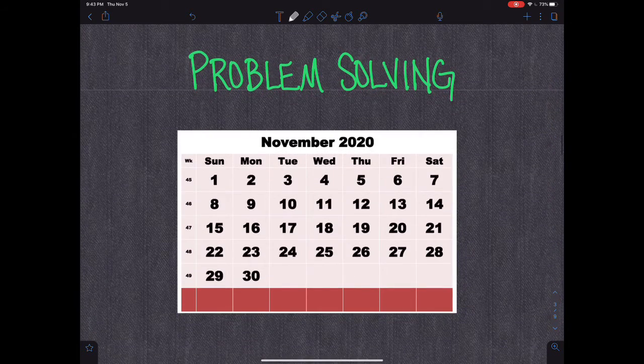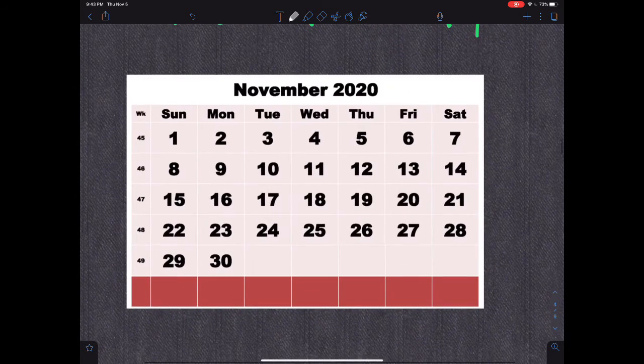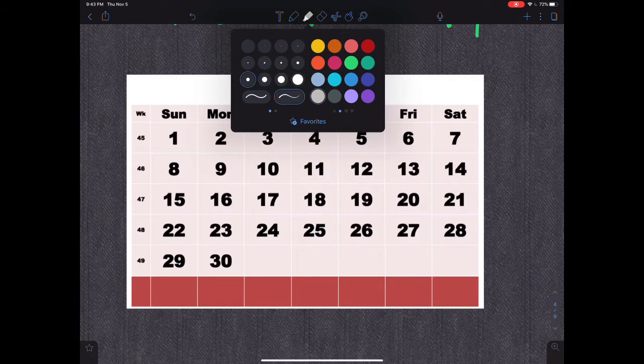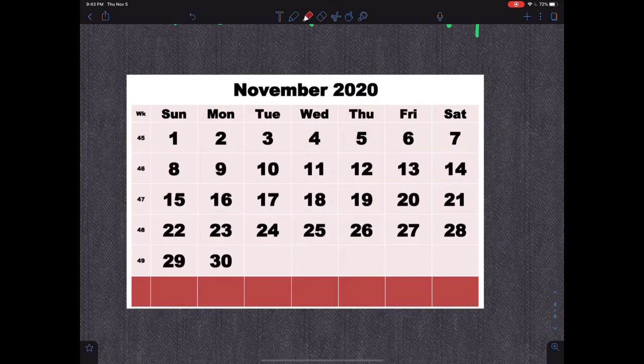All right, we're going to go on to problem solving. And problem solving is kind of cool because it says we can quickly add or subtract some numbers on a calendar. So for example, on a calendar like this one, if you pick a number from the middle of the month. So let's say we pick this number. Oh, it doesn't let me write on that. Okay, I'll use a different color.